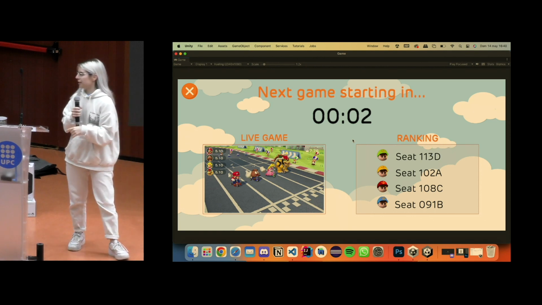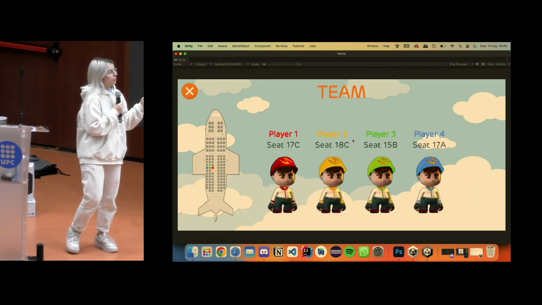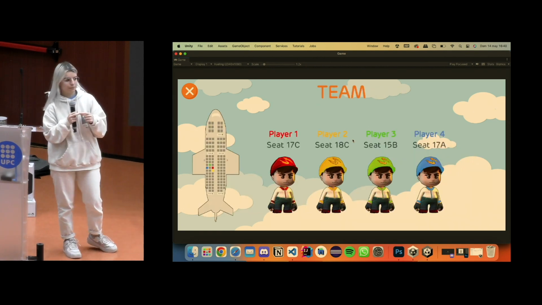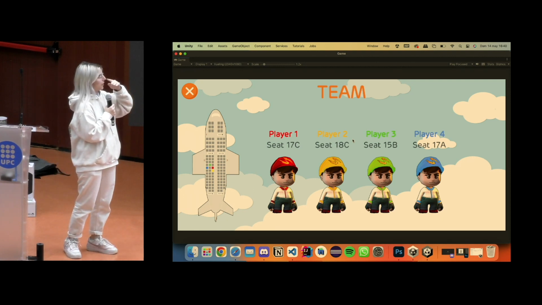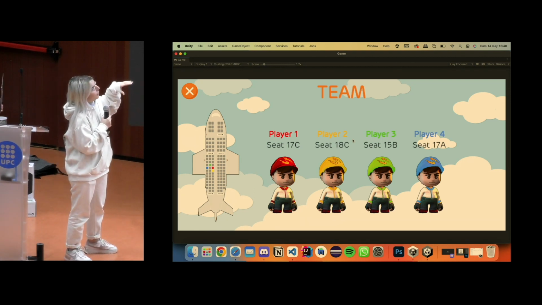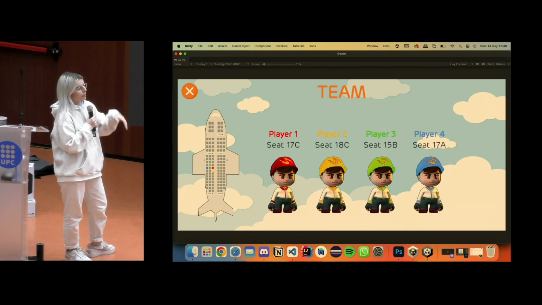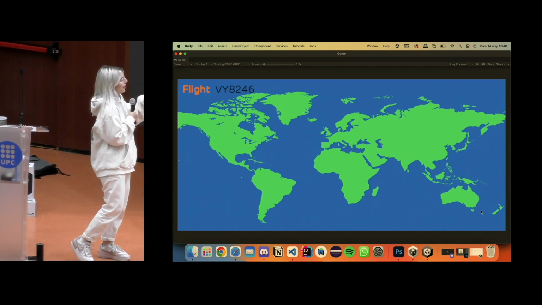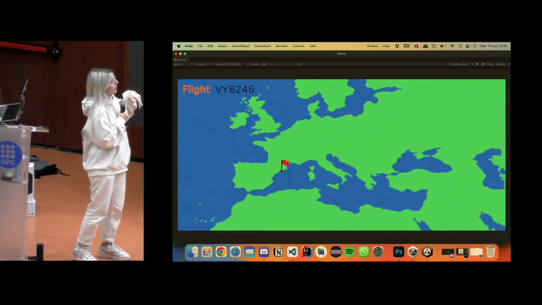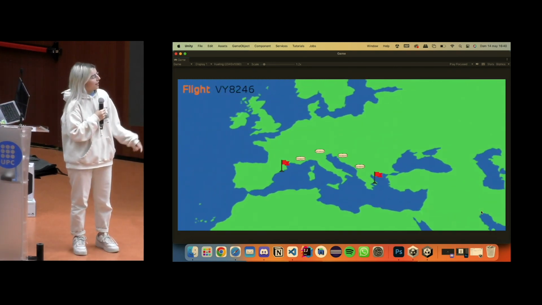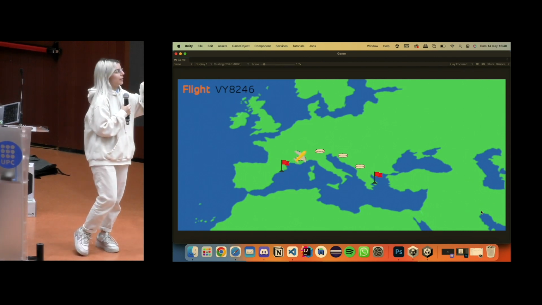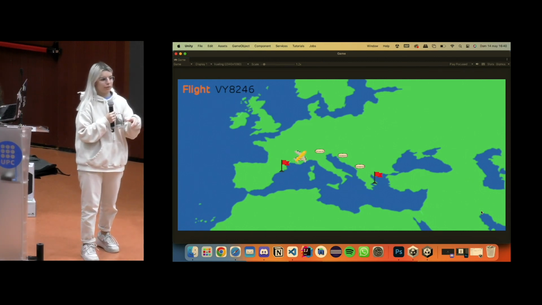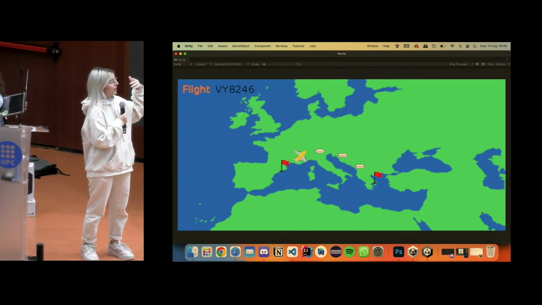As she said, when you connect to the website, we have your IP with your seat. When the game is about to start, you will join a team with 3 other mates from the airplane. Depending on the distance of the flight, you will have different games.